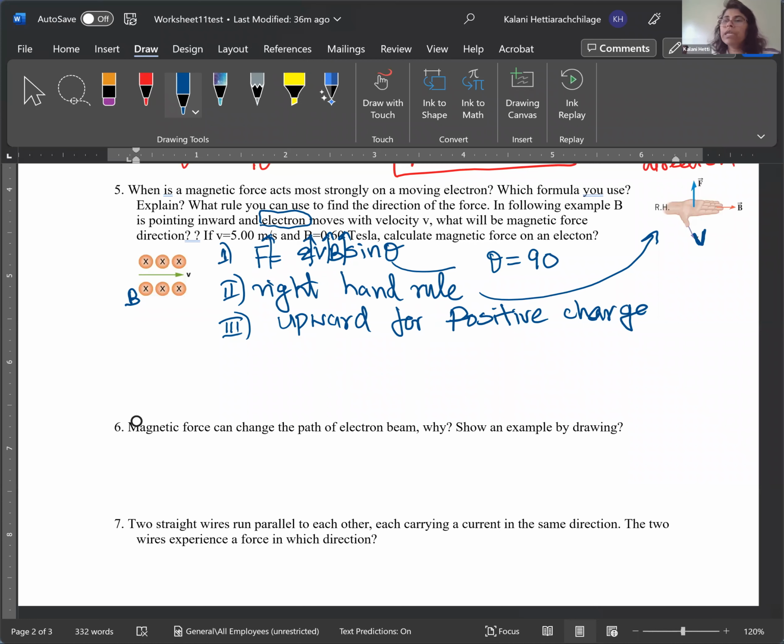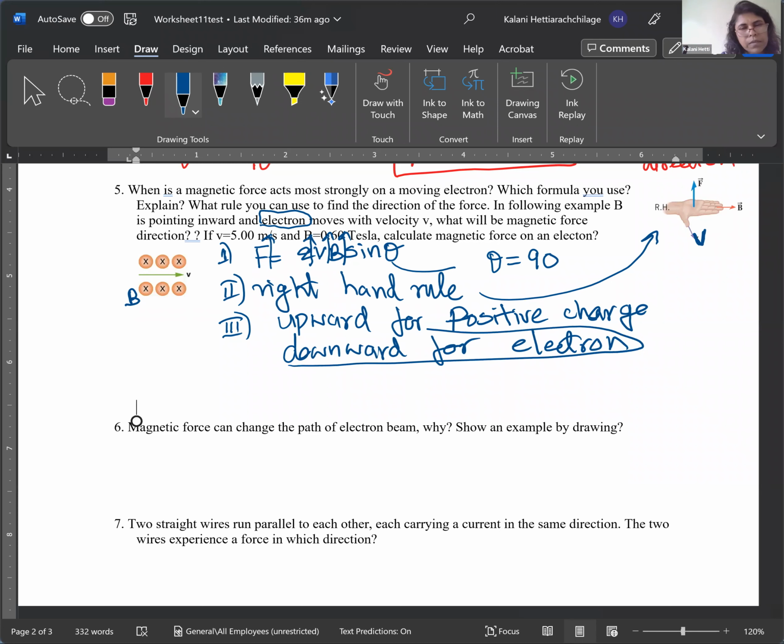If it is a negative charge, you need to switch the direction. That means if you have upward direction, you need to make it opposite, that means downward for the electron, because electron is the negative charge. So that will basically be the answer. The other one is for understanding.